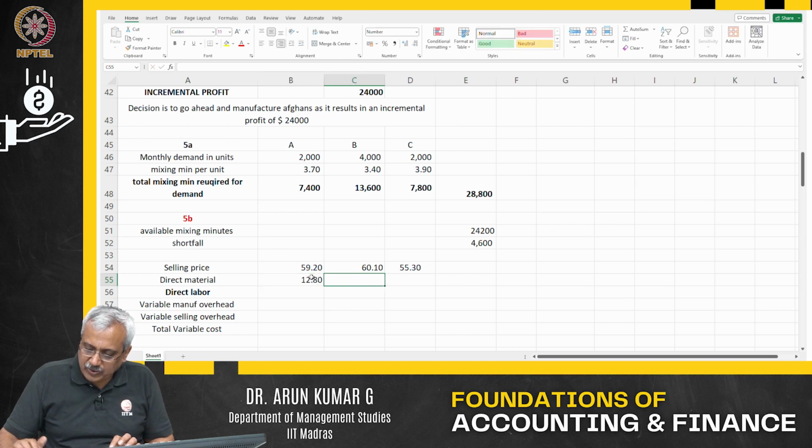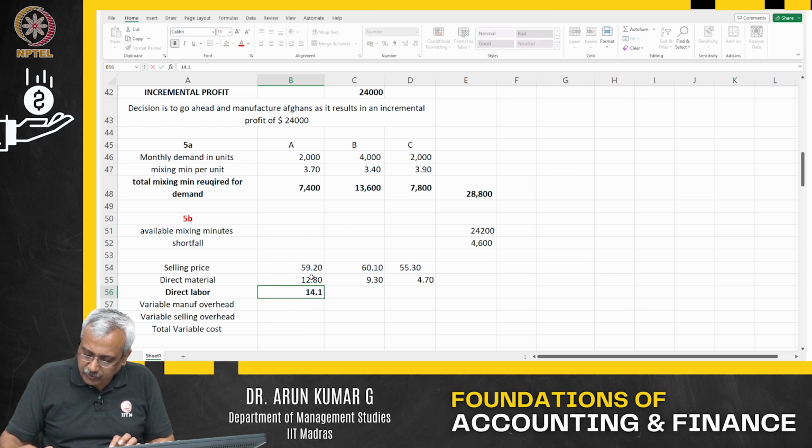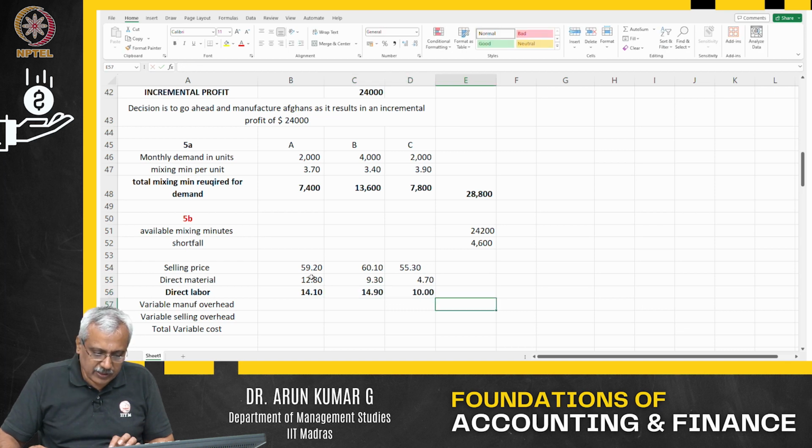Direct material is 12.80, 9.30 and then 4.70, and my labor is 14.1, 14.9 and then $10.